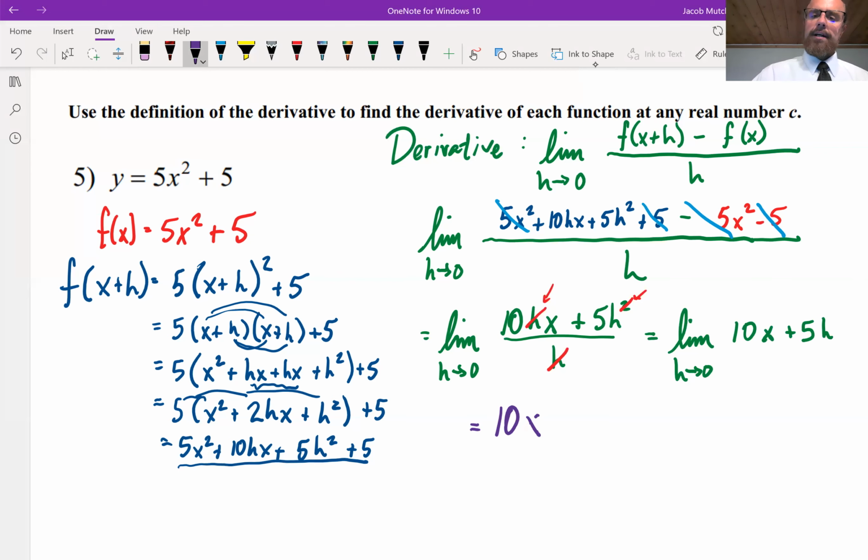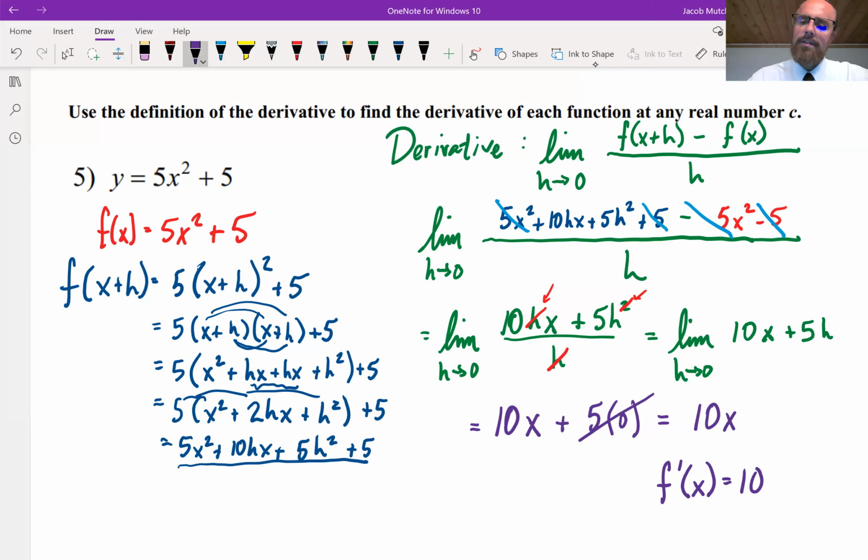So notice I don't substitute anything for x because x has nothing to do with the limit. But where I do substitute zeros for h, so it's 5 times 0, that term will cancel, and the limit here is 10x. And again, our interpretation is that's a function. The derivative function for f of x, or f prime of x, equals 10x.